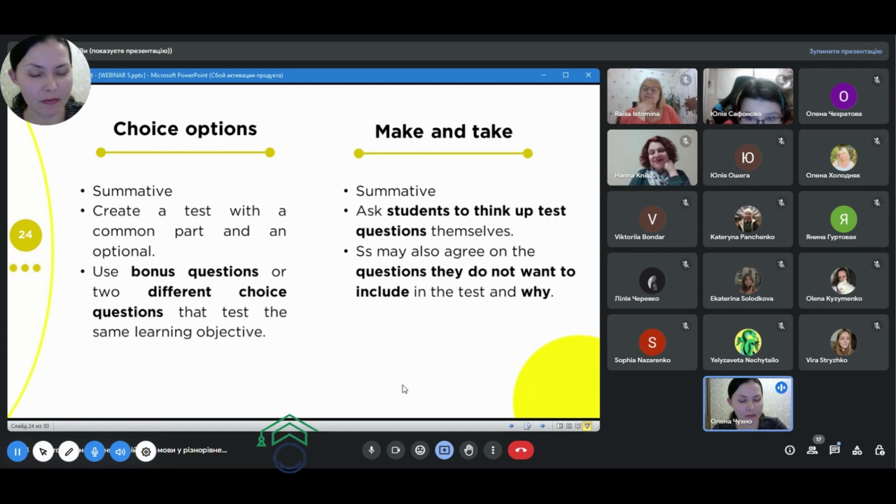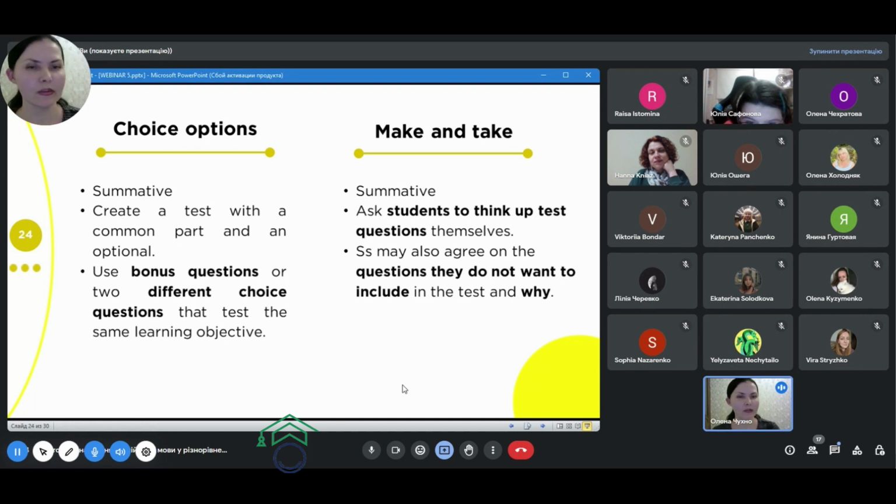Of course, you participate in the procedure, and while you are discussing the questions they are going to answer in the test, you need to ask them to agree on the questions they are not going to include in the test.